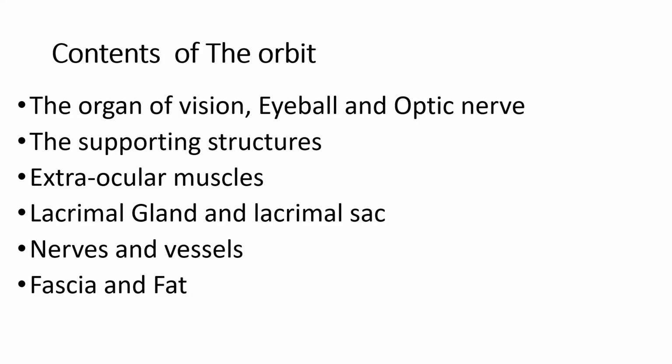The orbit contains the organ of vision, the eyeball and optic nerve, and the supporting structures: the extraocular muscles, lacrimal gland and lacrimal sac, nerves and vessels, and fascia and fat.